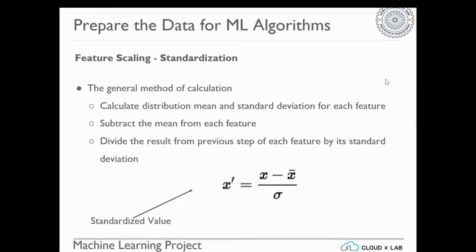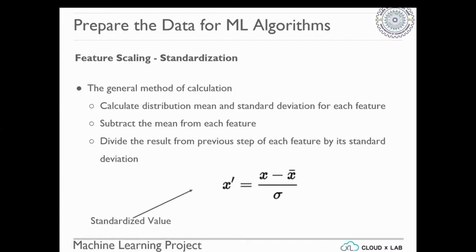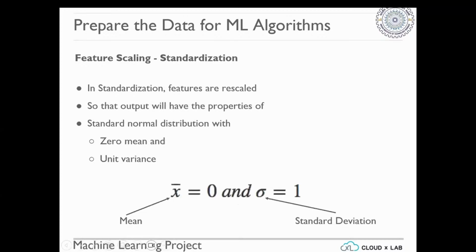Okay. So using this formula, we can do standardization and feature scaling, right? After applying this formula x minus mu divided by sigma, we have scaled all features onto the same scale, so that now we will have zero mean and unit variance, right?